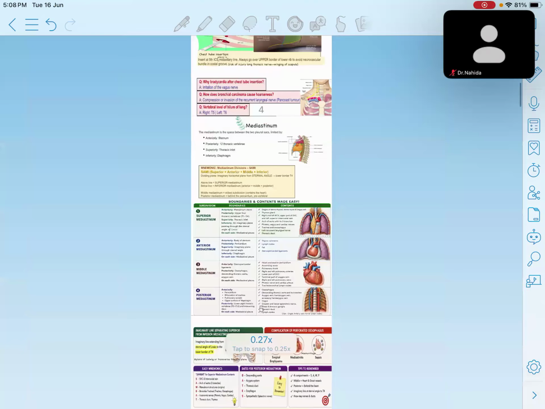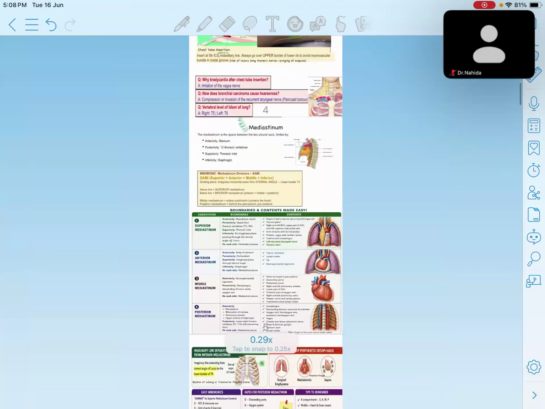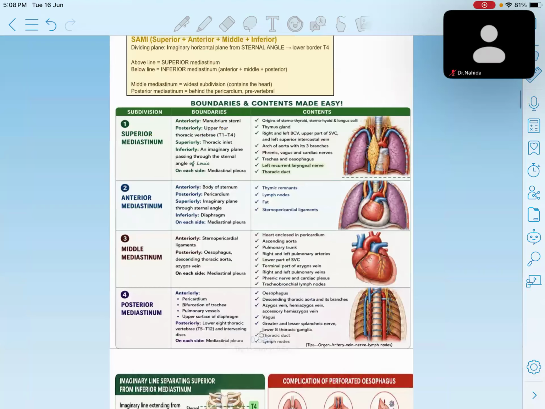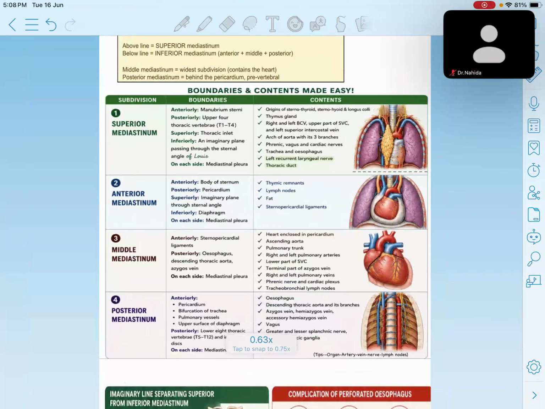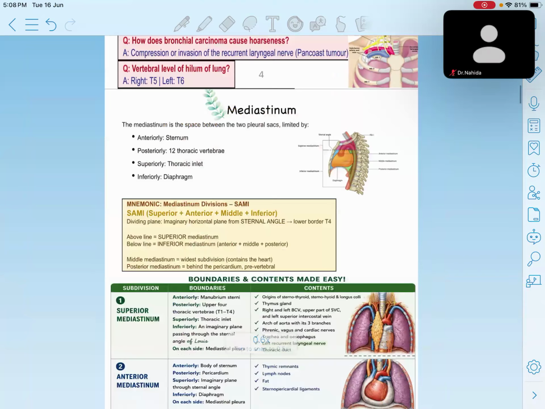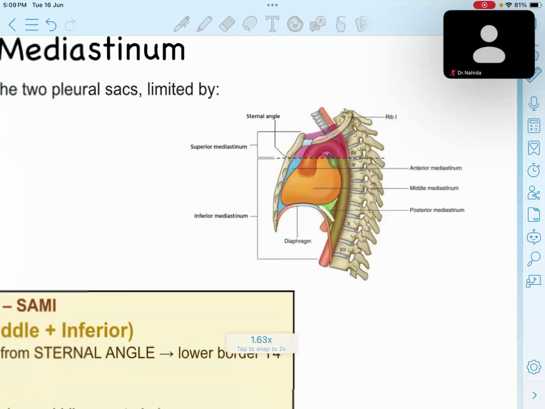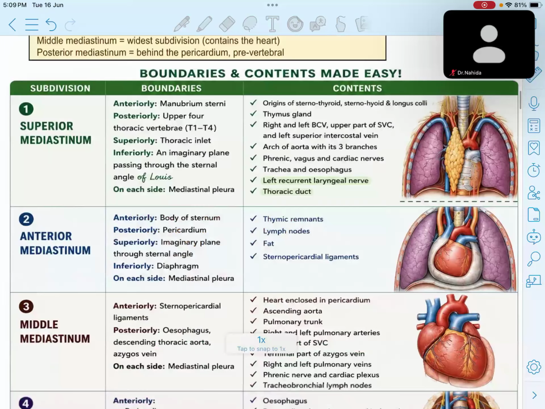See this image first. This is the heart, so the pericardium will be present on this side, and posteriorly the vertebra is present.